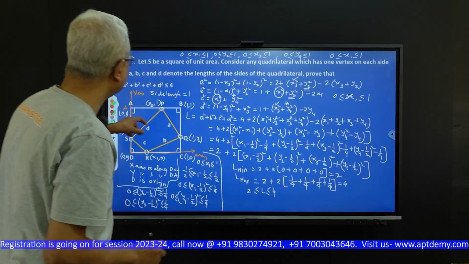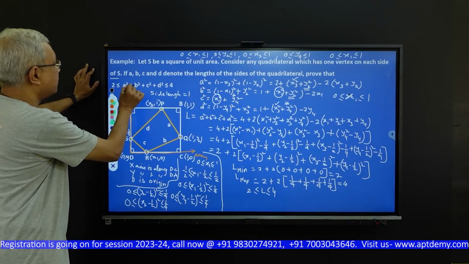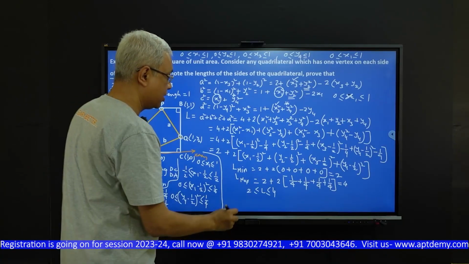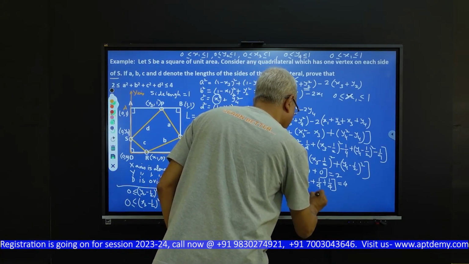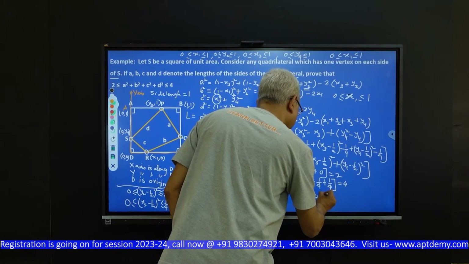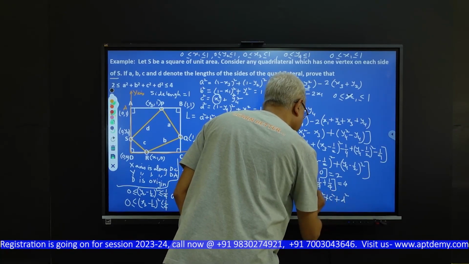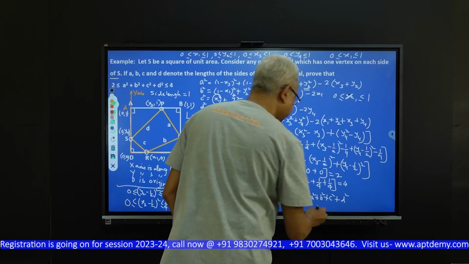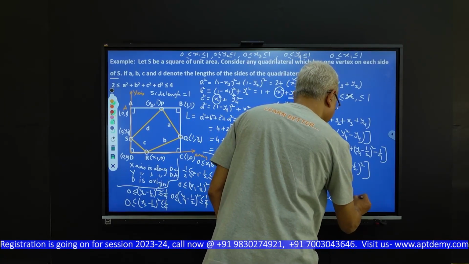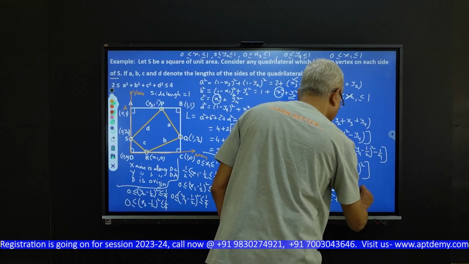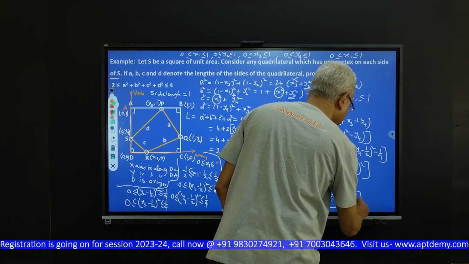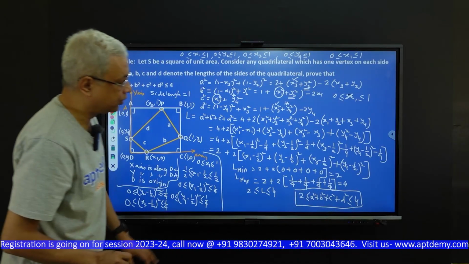So L is how much? L is actually a square plus b square plus c square plus d square. So this is the relation that we wanted to prove.